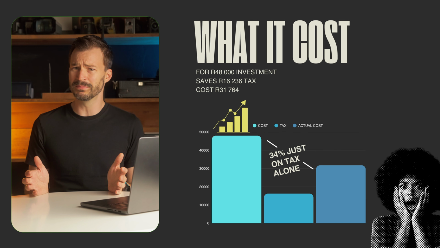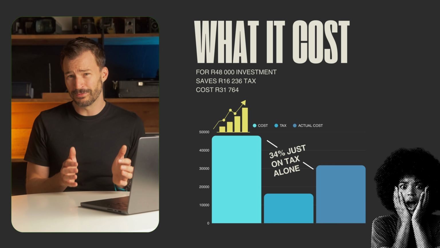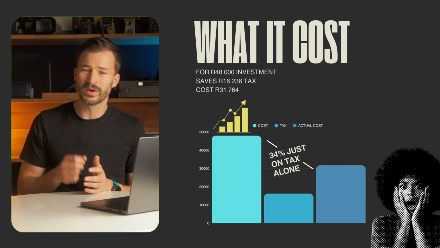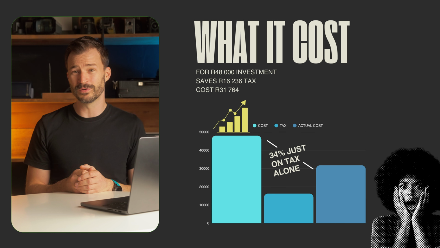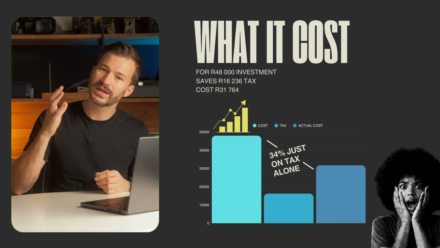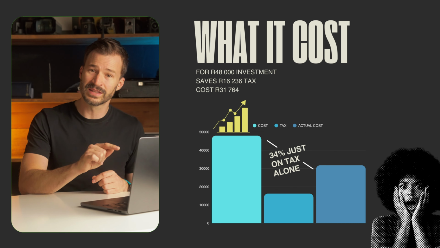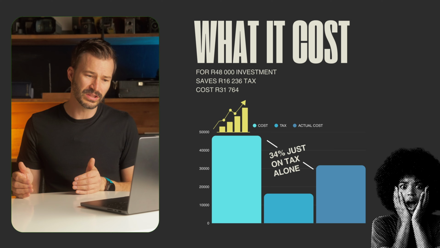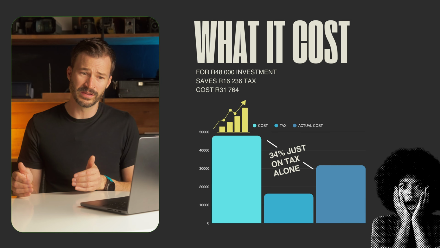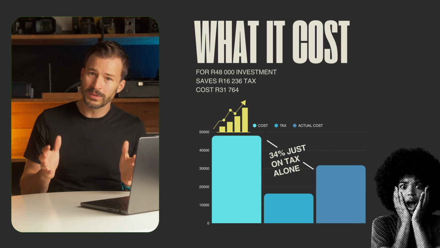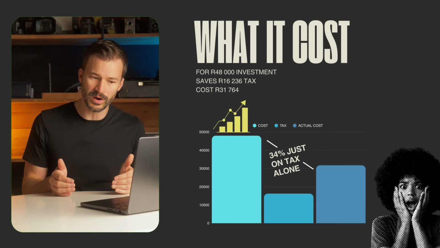So what this actually means is, for an investment of 48,000 Rand, it's only costing Lucy 31,764 Rand for the year. And the beauty of this is that you get growth on 48,000 Rand, not what it's costing her, just over 31,000 Rand. So this is a phenomenal investment, and on top of that, you get tax-free growth.